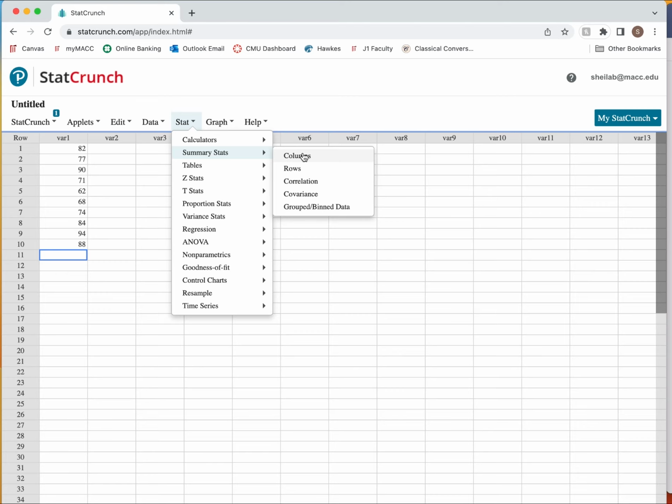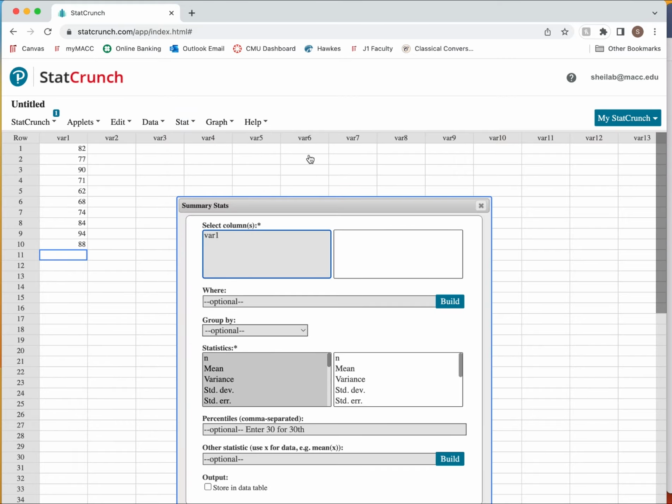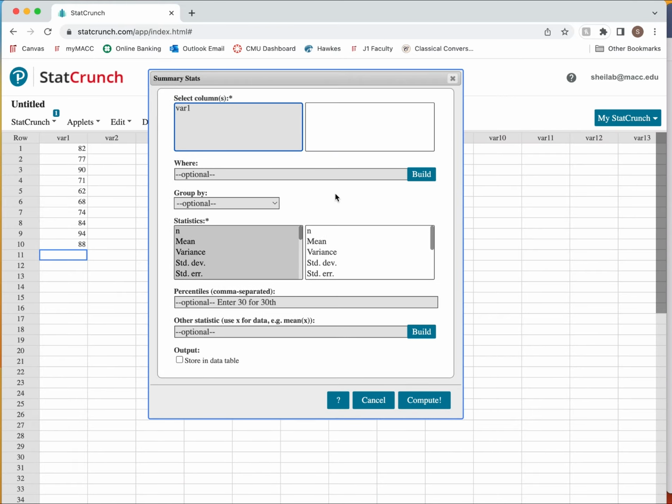Then it'll pull up this window. Our information is under var 1. So we're going to select that column so we know what data it is that we're working with. And then over here, I've got this huge list of everything that it can do for us.